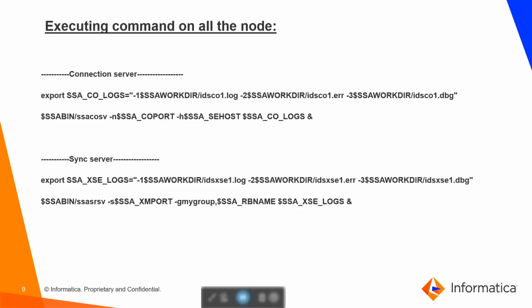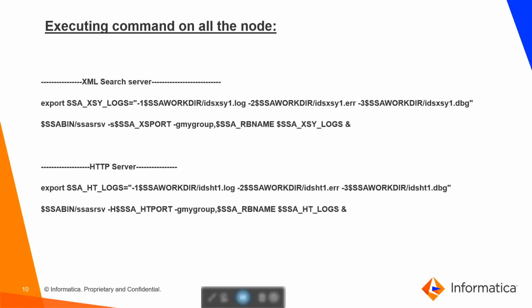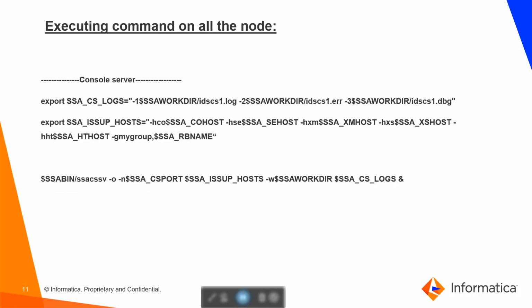Same goes for the sync server. You can export the logs, all the DBG ER logs, and then use the executable SSA SRSV followed by the parameter -s. That means you are starting the sync server, and other parameters as per the requirement. Same goes for the XML search server and HTTP server, and then the console server.